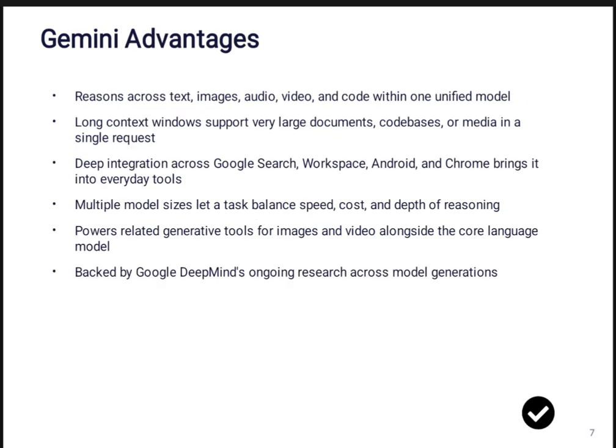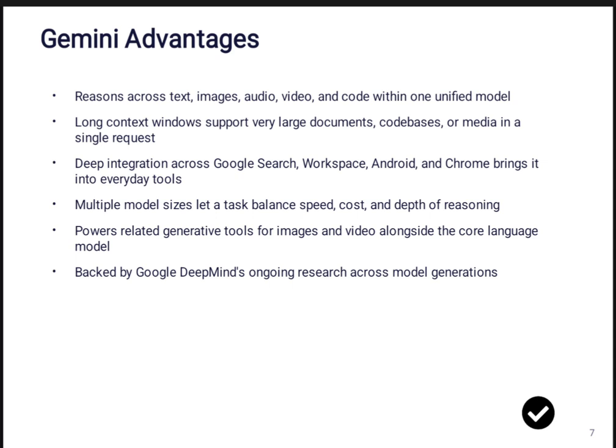Gemini advantages: it reasons across text, images, audio, video, and code within one unified model. Long context windows support very large documents, code bases, and media in a single request. Deep integration across Google Search, Workspace, Android, and Chrome brings it into everyday tools.